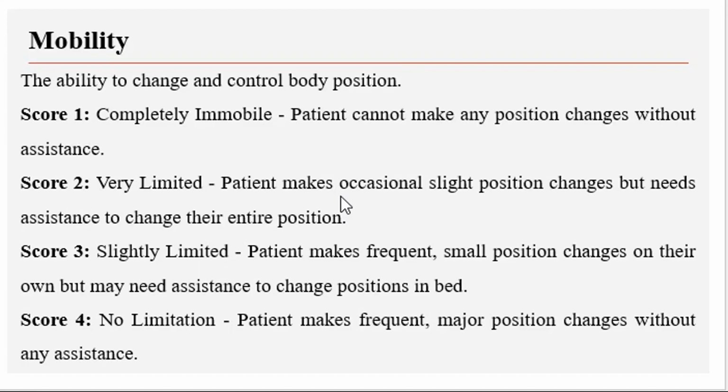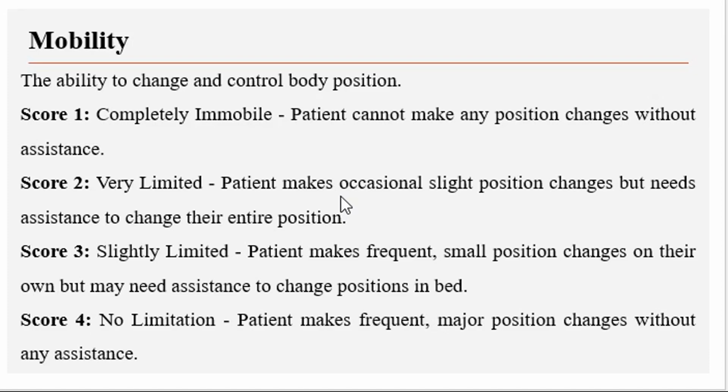Score 2, very limited. The patient makes occasional slight position changes but needs assistance to change the entire position. A slight movement he can do, but for changing the complete position he needs some assistance. In that situation we give score 2. Score 3, slightly limited.